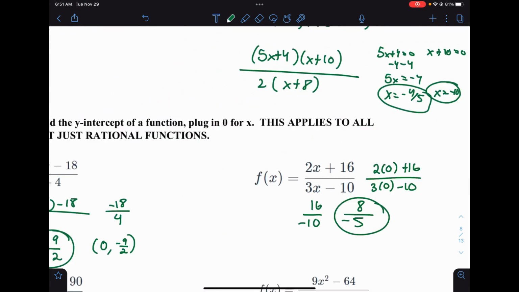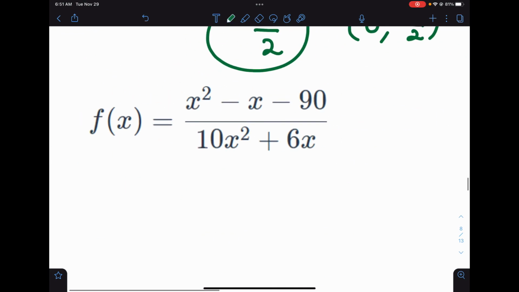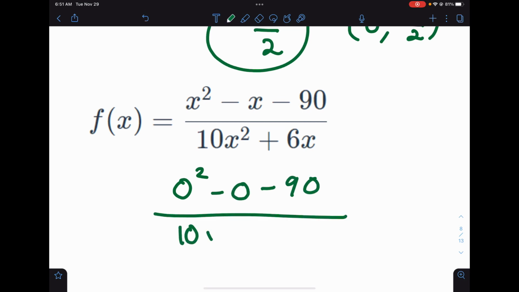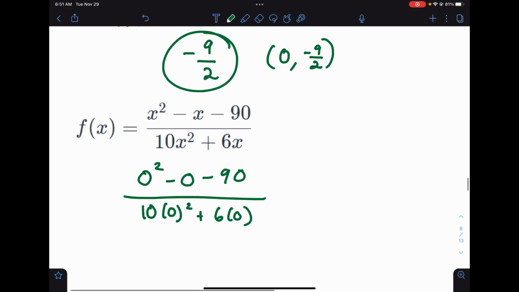Next one, again, just plug in 0 for x. Actually, this one's an interesting one. If we do 0 for x here, we actually end up with negative 90 over 0, which means that it's undefined.